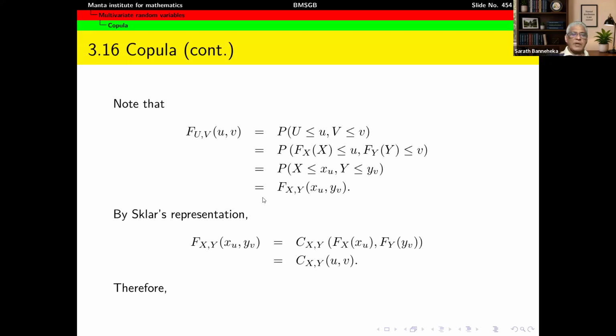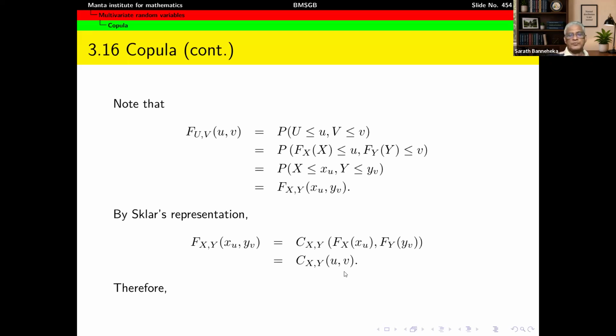On the other hand, by Sklar's representation theorem, it says there is a unique copula, and that copula C_XY is given by this definition here. So therefore, F_XY(x_u, y_v) should be equal to C_XY(u, v) also, because this is simple u and simple v.